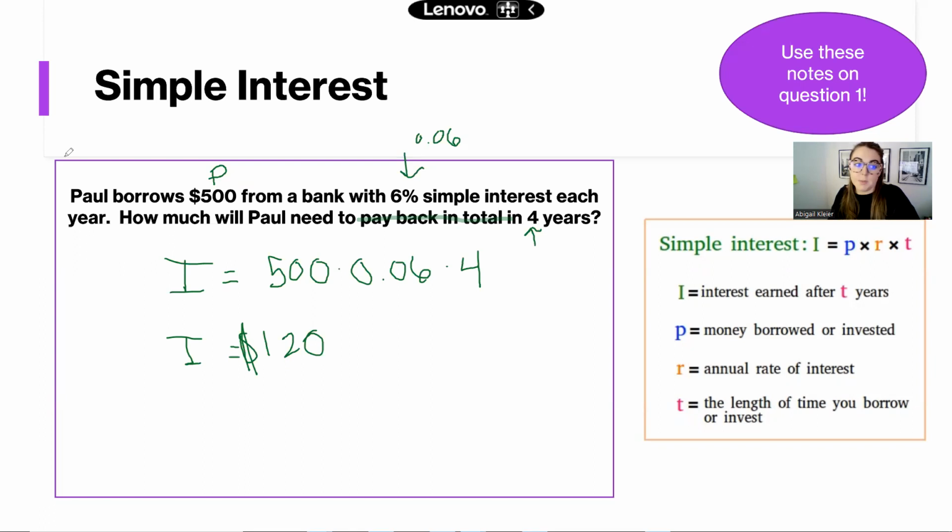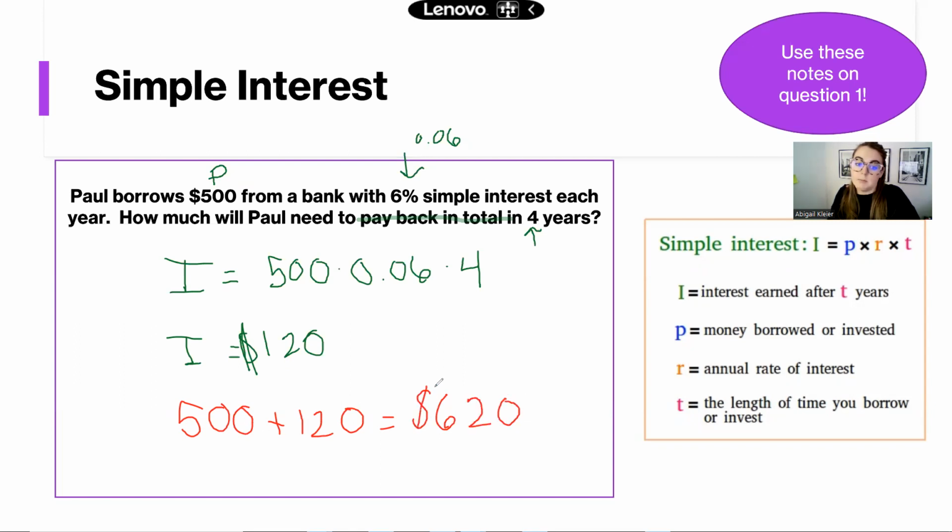So if we look back at the beginning, initially, Paul borrowed $500. So we're going to add that initial borrowing amount or the principal plus the amount of interest, which was 120. And we're going to add those together. 500 plus 120 is 620.